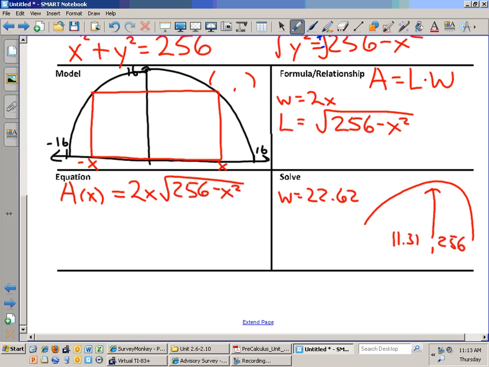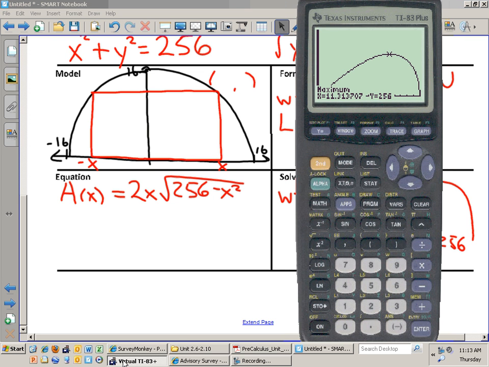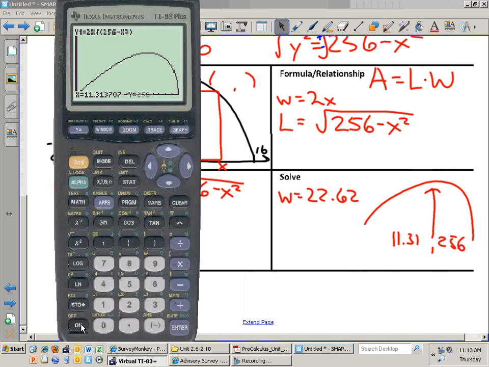Notice we just plug our x value in for the width. Then we need our length. So we plug it in there. Square root of 256 minus 11.31 squared. Square root that.